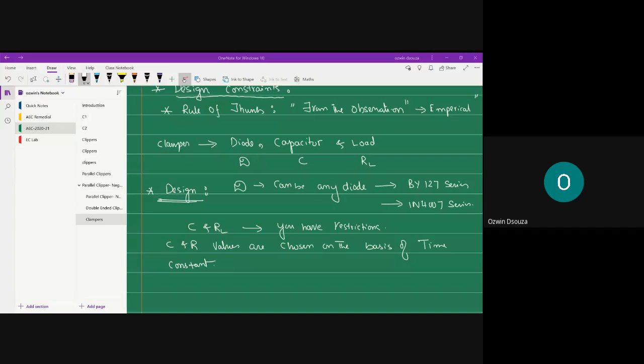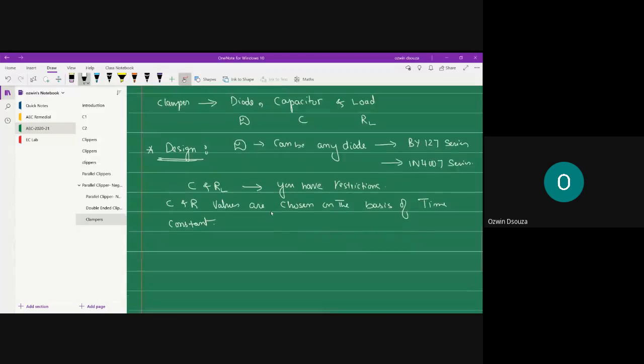You can just type yes or no in the chat box. Okay, you are saying yes. Please be attentive. It is not like you just log in and you just do your stuff.